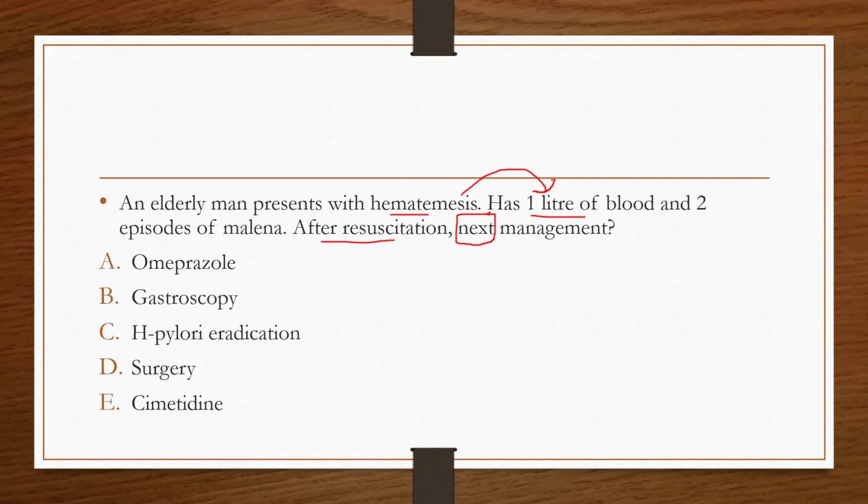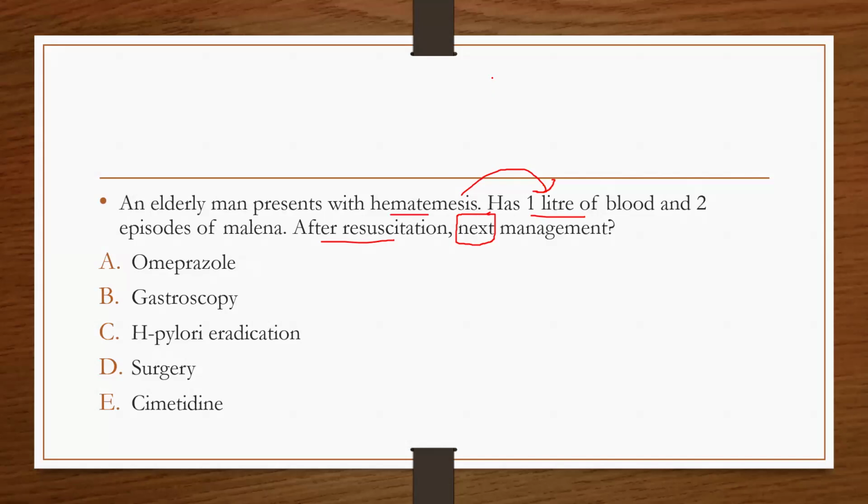So it's like a massive hematemesis. Resuscitation is the first step, again A, B, C, D, E, and then the next management. What they say is, after resuscitation, what are you going to do as the next step? Omeprazole, gastroscopy, H. pylori eradication, surgery, and cimetidine.